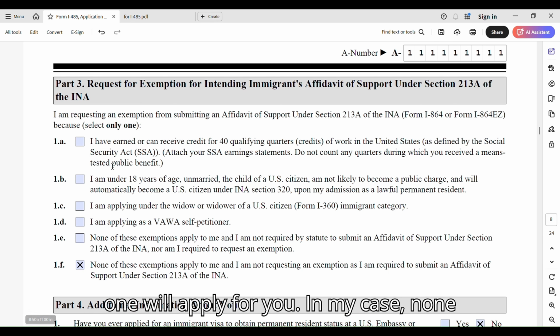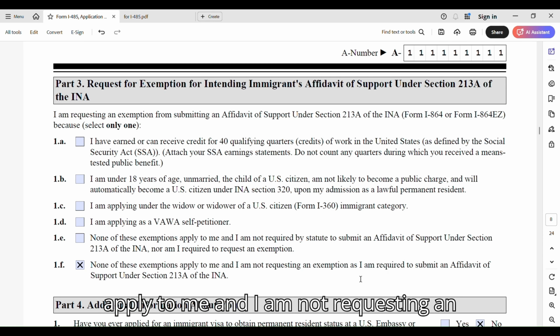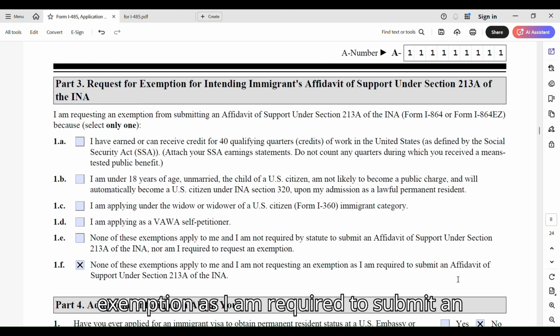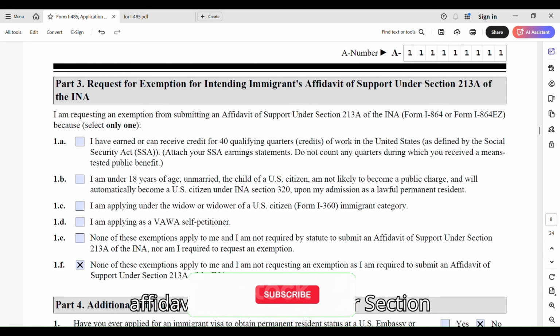In my case, none of these apply for me, so I'm going to go straight to 1F. None of these exemptions apply to me, and I am not requesting an exemption as I am required to submit an affidavit of support under Section 213A of the INA.